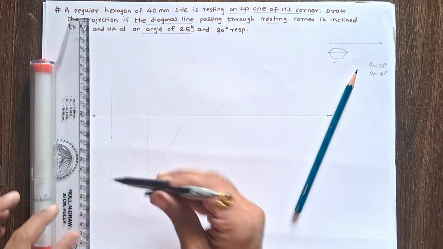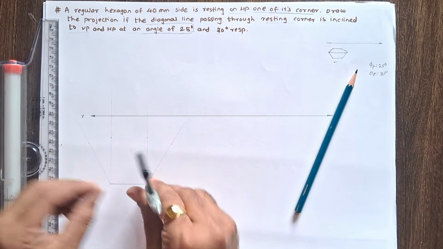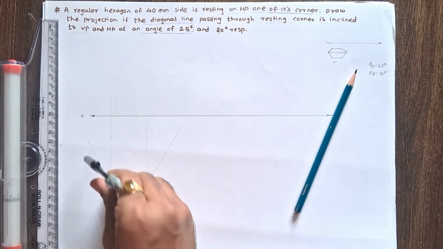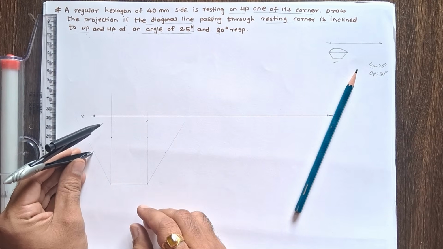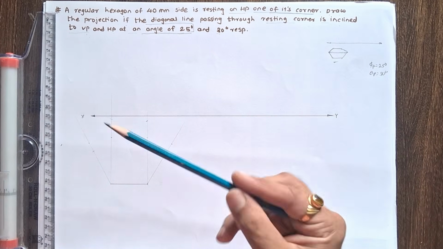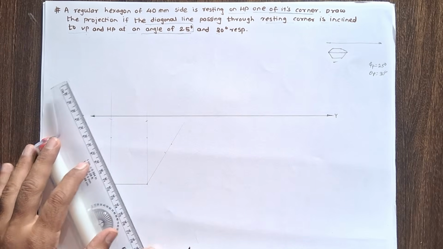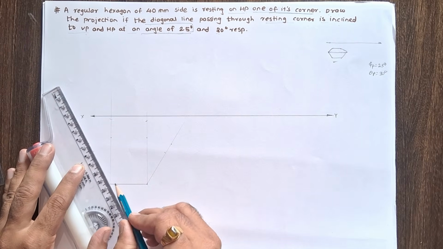Now take compass and measure this distance. Mark an arc on the 60 degree angle line, and from this 60 degree angle, mark this point. Now join all these points by using a thick line.